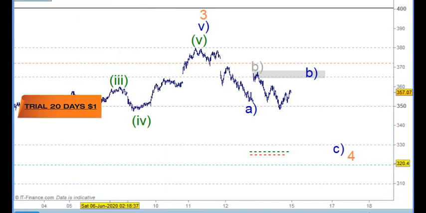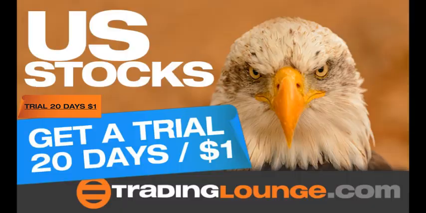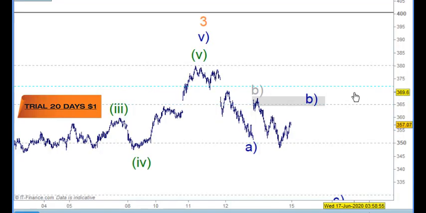The other thing I want to say is that if this market moves straight up, then a nicely tested support on the 365 or the 370 would be the catalyst and the trigger for the upside at that point.